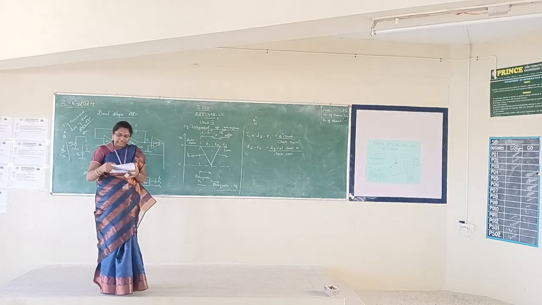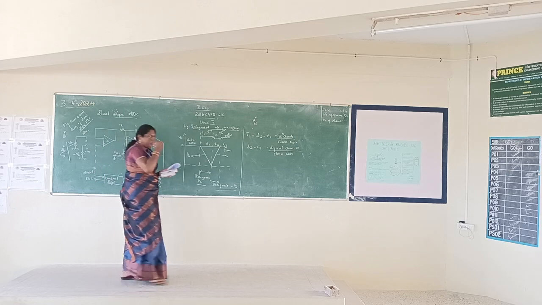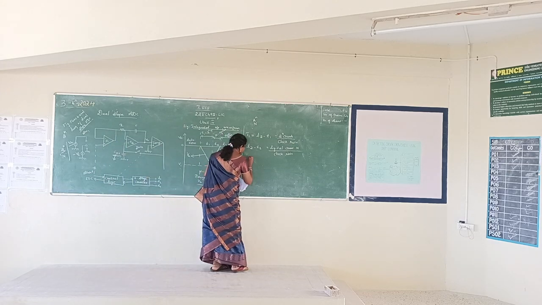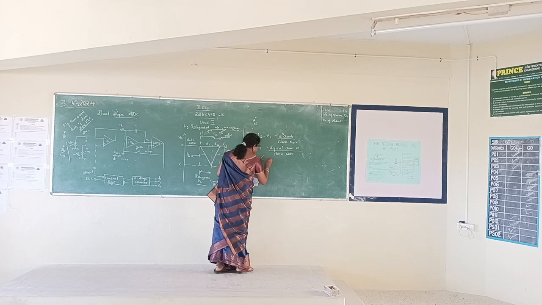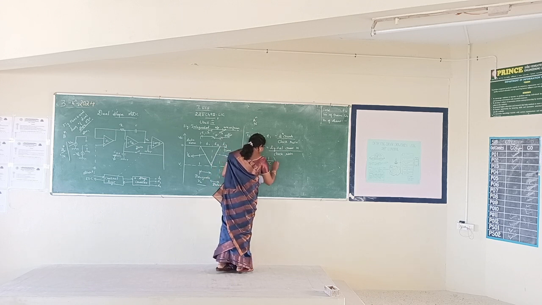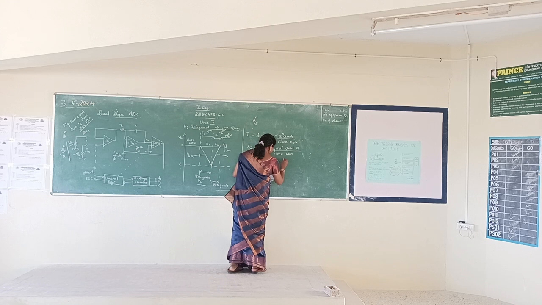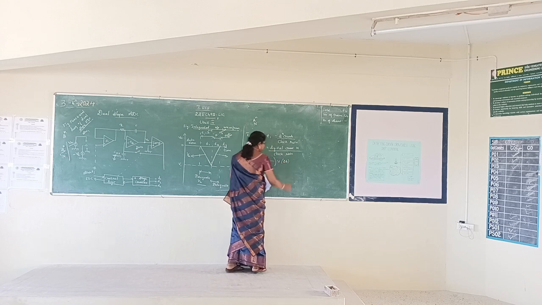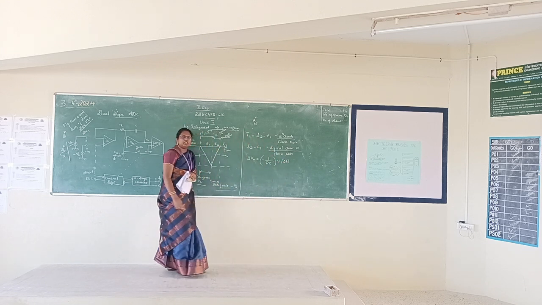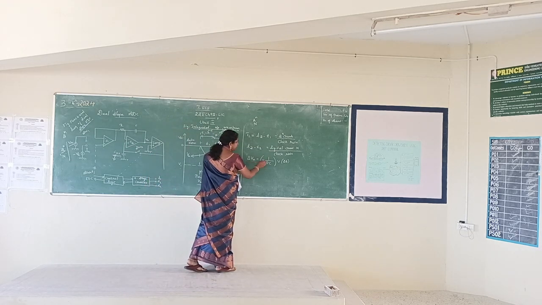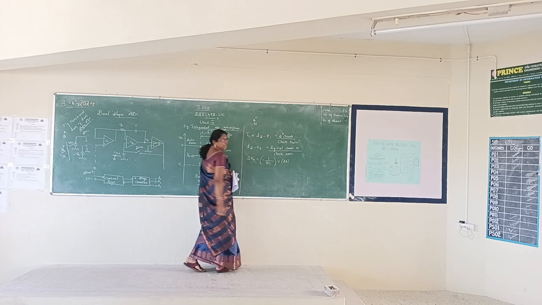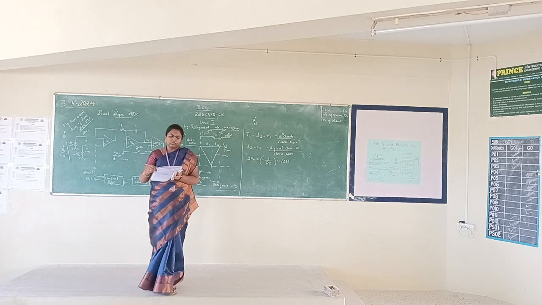Then write it down for an integrator. For an integrator, the output V naught is given by del V naught is equal to minus 1 by RC V into del V. This is the output of the integrator.